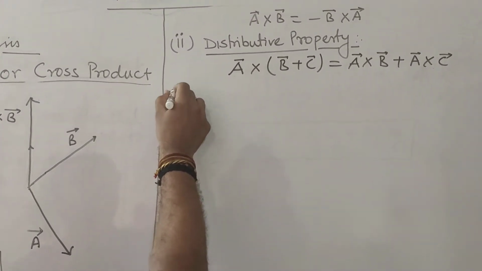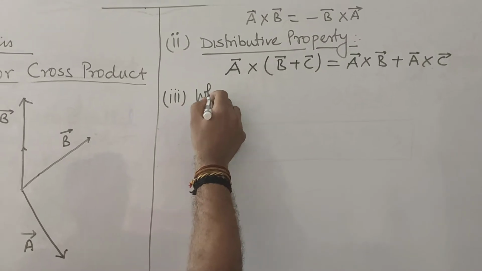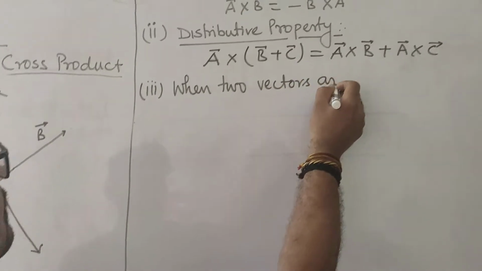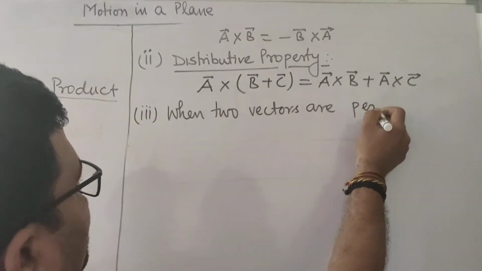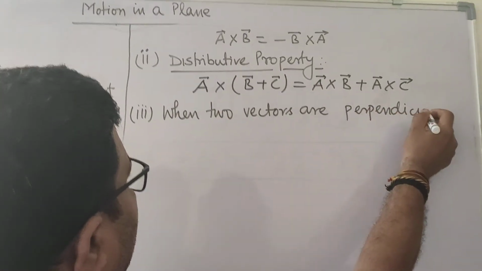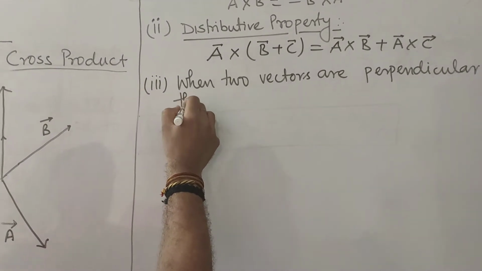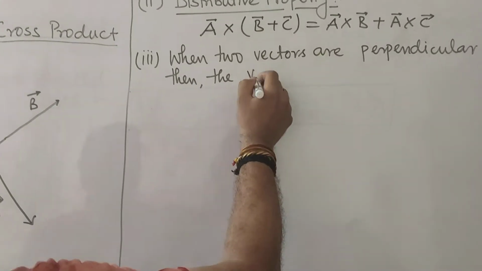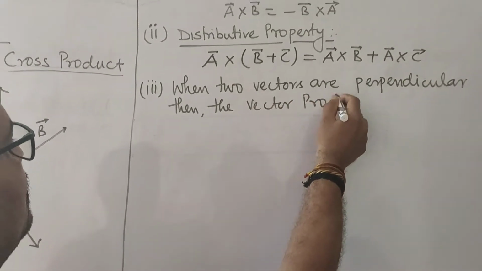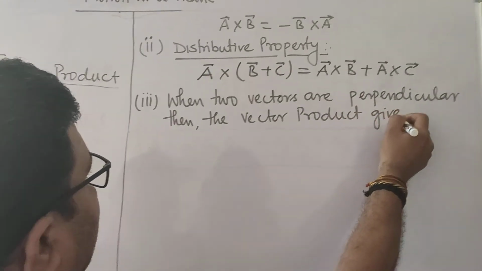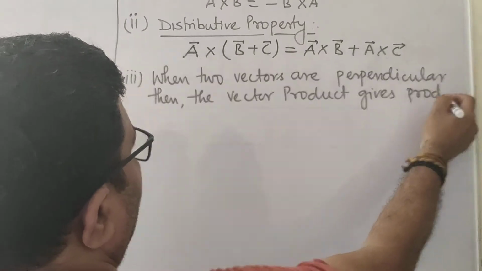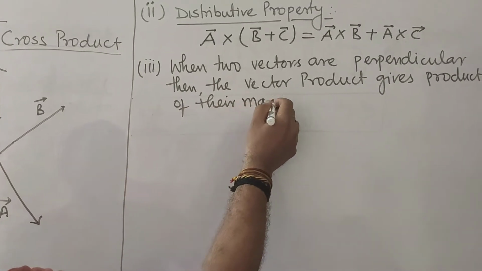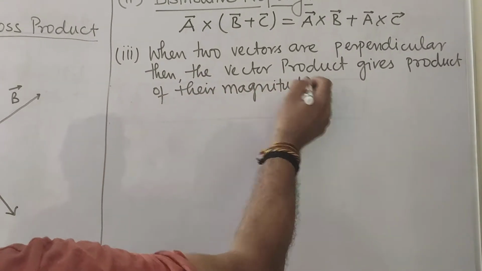Third property: when two vectors are perpendicular, then the vector product gives the product of their magnitude.